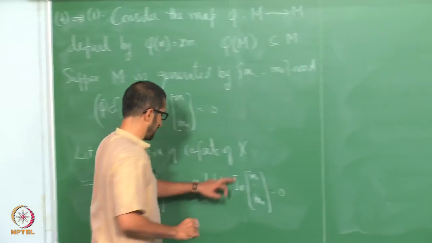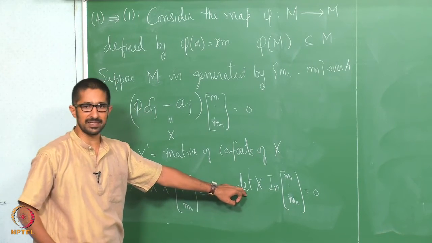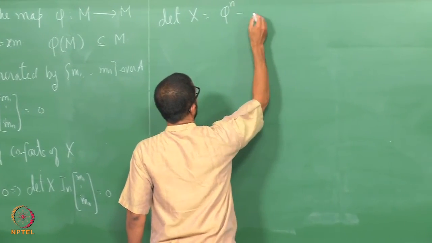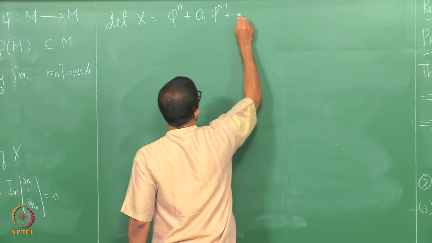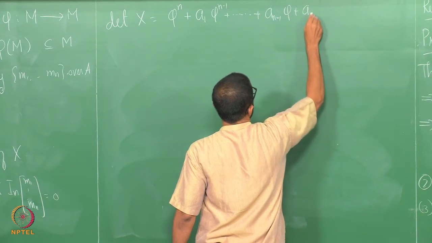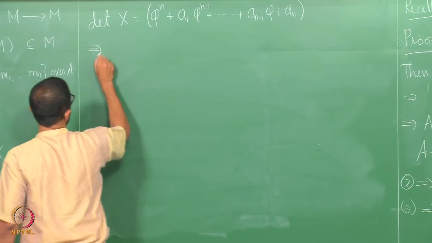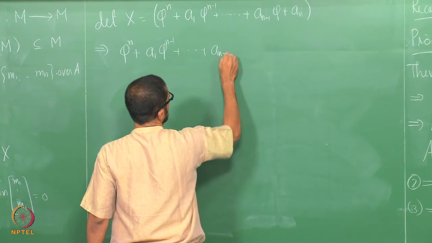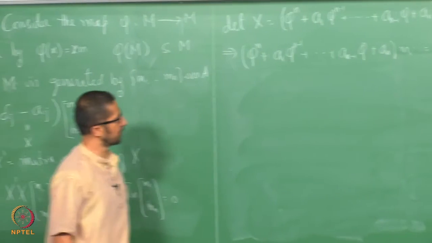This determinant will be a polynomial in phi: phi^n plus a1 phi^(n-1) plus ... plus a(n-1) phi plus an. Therefore, phi^n plus a1 phi^(n-1) plus ... plus a(n-1) phi plus an acting on any mi is 0 for all i from 1 to n.